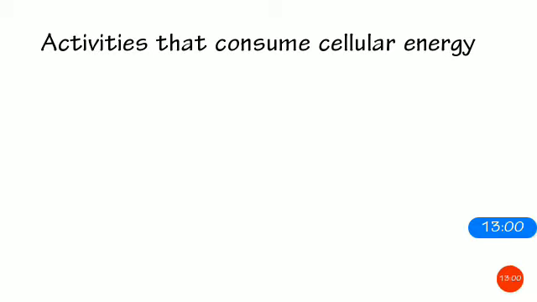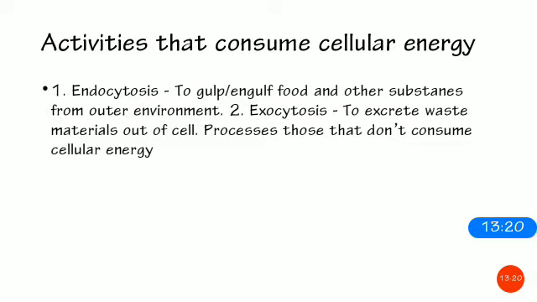But why? Because some activity is going on. For every activity we need energy, isn't it? Or do you think there are certain processes where energy is not needed at all? So yeah, there are certain activities where energy is not needed as such, and there are certain activities which do need energy. All right, so let's talk about endocytosis and exocytosis.